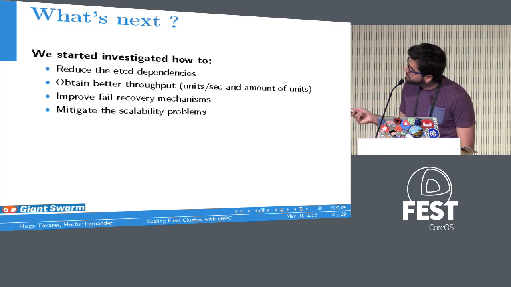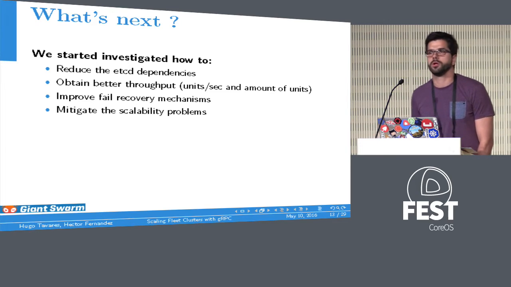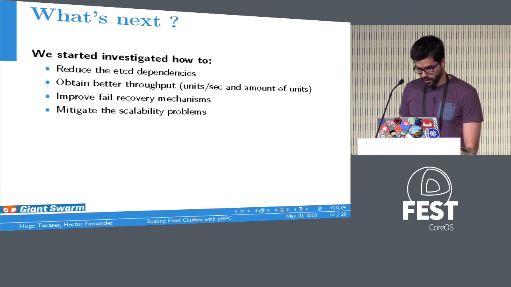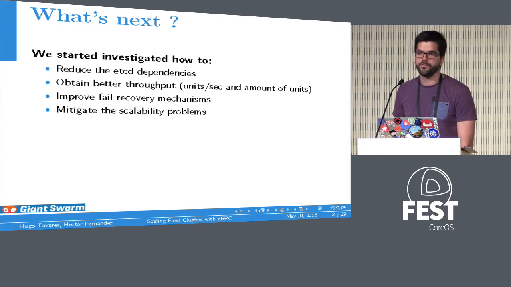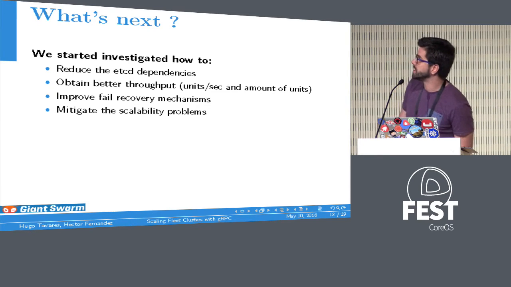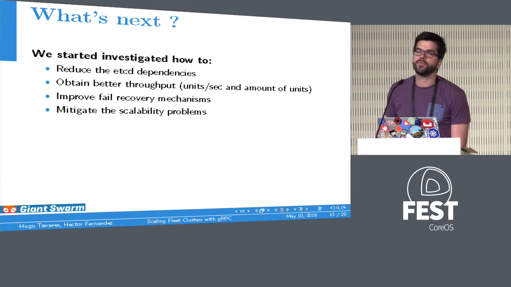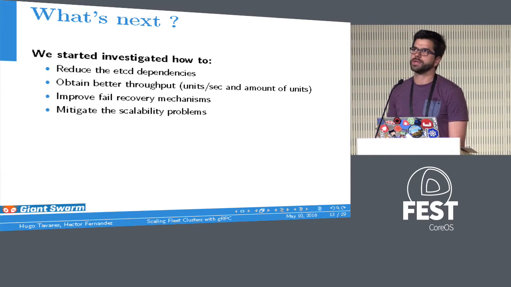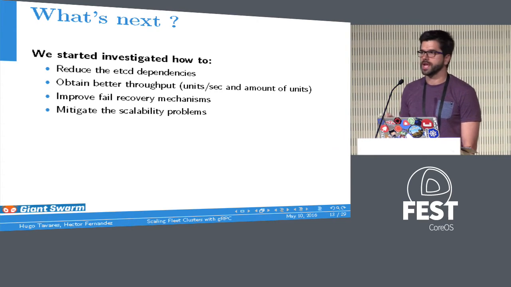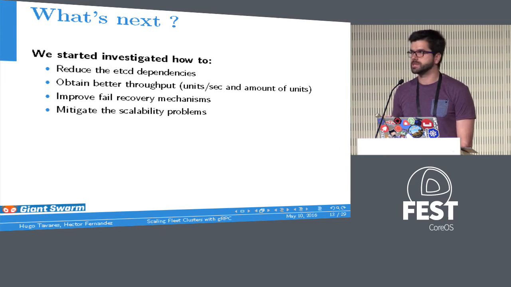Okay, so these 4 points, including the scalability problems, which we also wanted to improve, were our main reasons that drove what we call Fleet gRPC, right? So we ended up thinking, okay, we are using HTTP for communication and coordination, and it's cool.